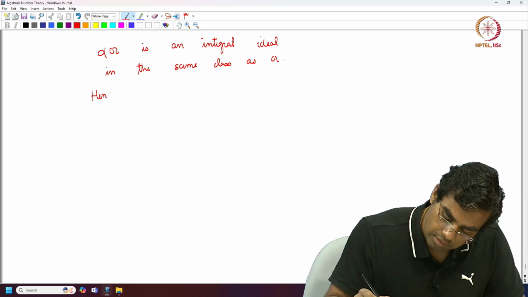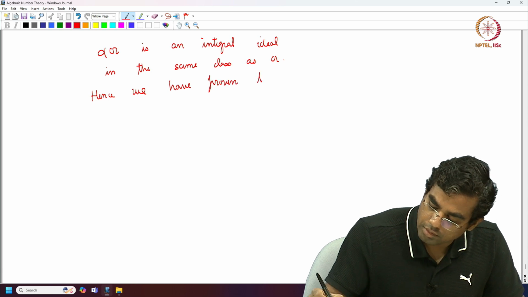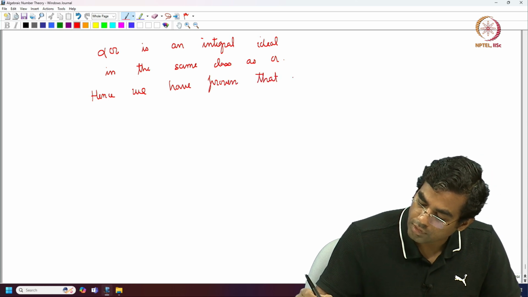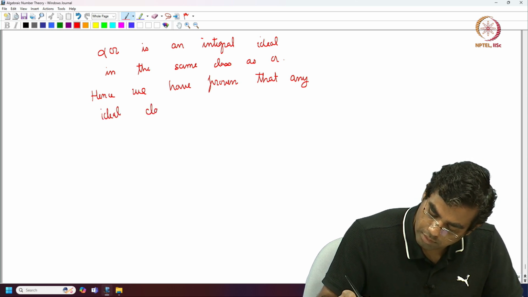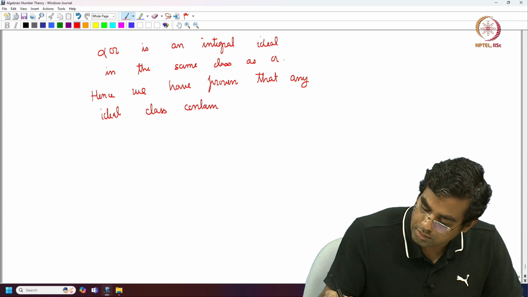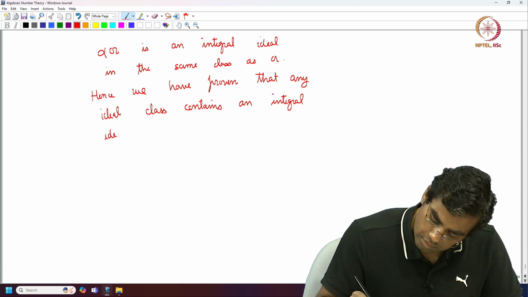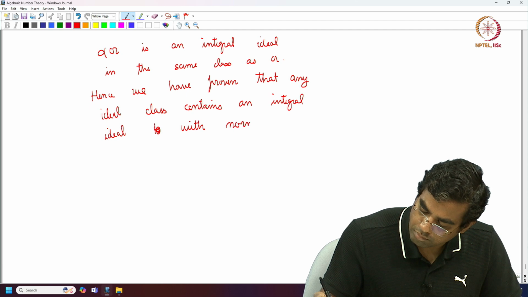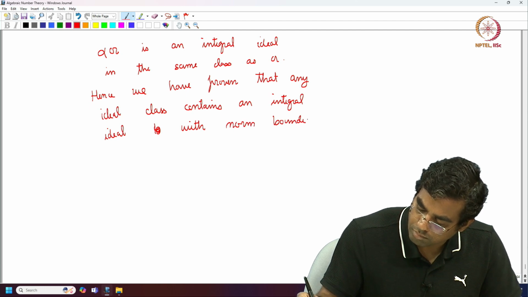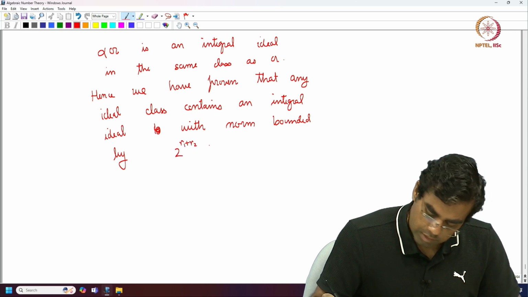Hence, we have proven that any ideal class contains an integral ideal with norm bounded by some quantity that is independent of the class.